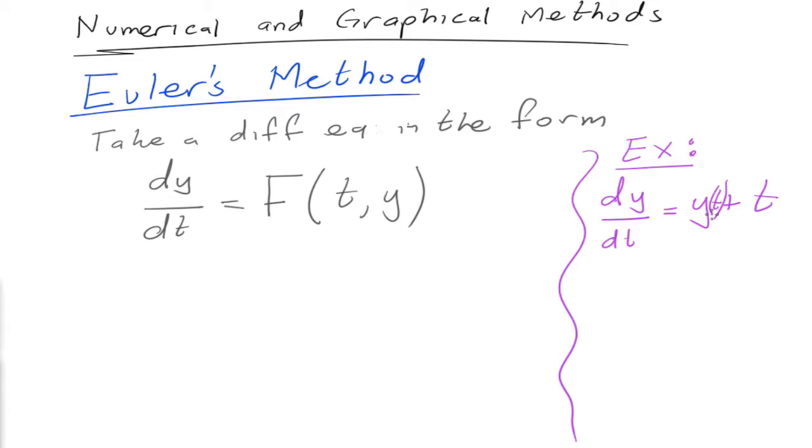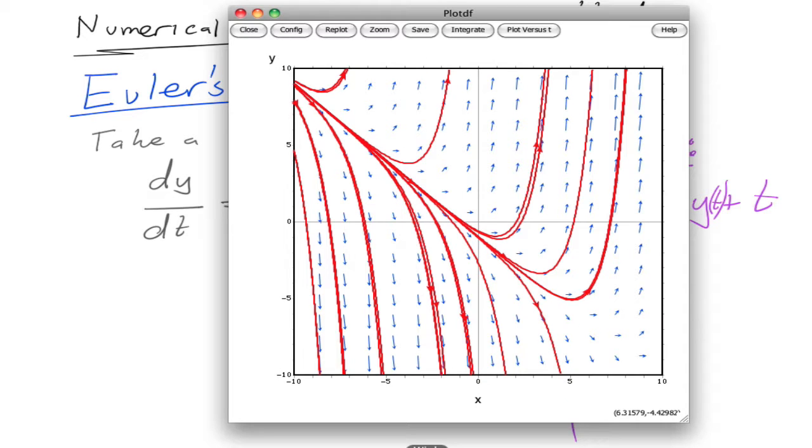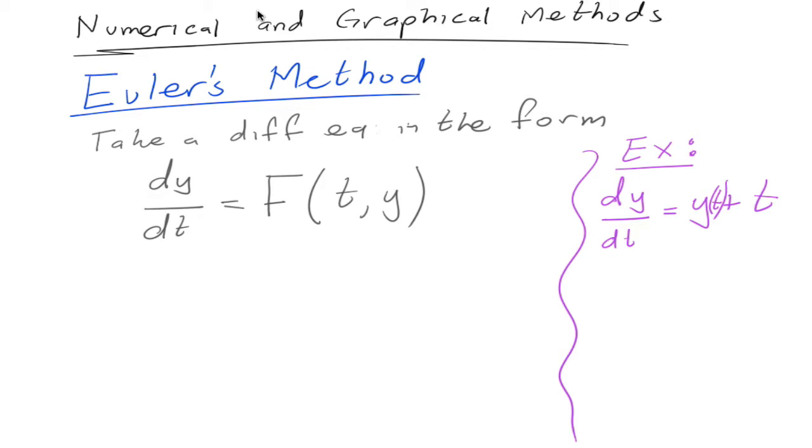Just to make sure that you're not incredibly confused already, these red lines represent y, so those are functions of t. This is actually the slope field for that differential equation. When I put it in as y plus x, it's because Maxima requires that you put it in terms of y and x, but I'm really doing it in terms of t because we're talking about time. Does that make sense?